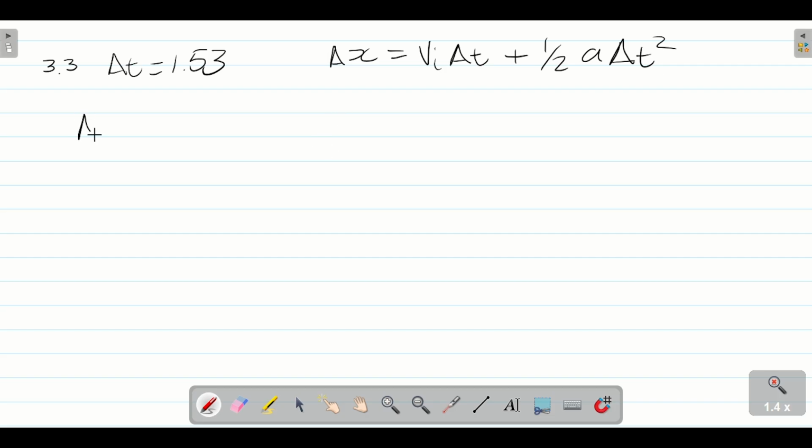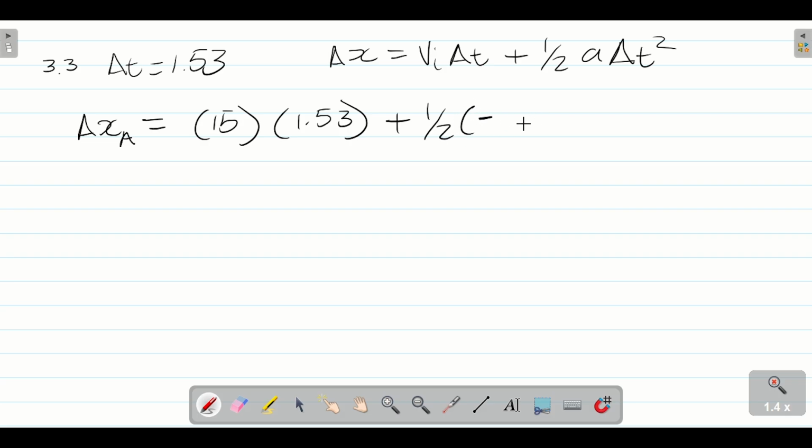So let's start with delta x of A. The initial velocity in A's case is 15 meters per second. The time taken will be 1.53 seconds. And then we have acceleration. Remember, we took up as positive.